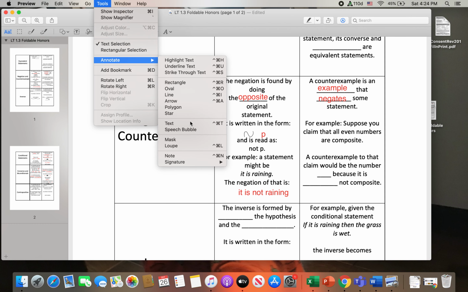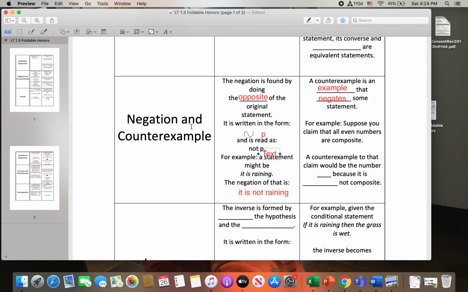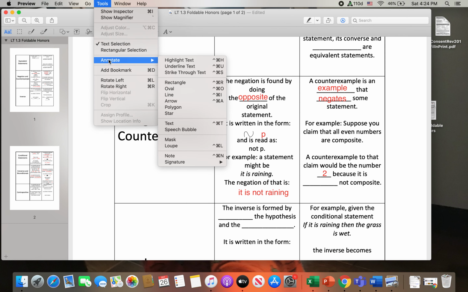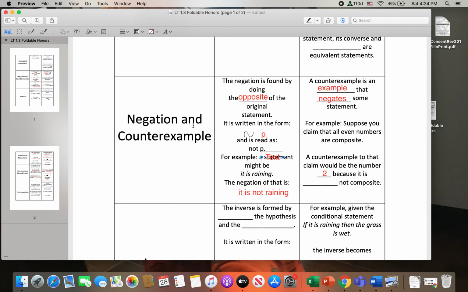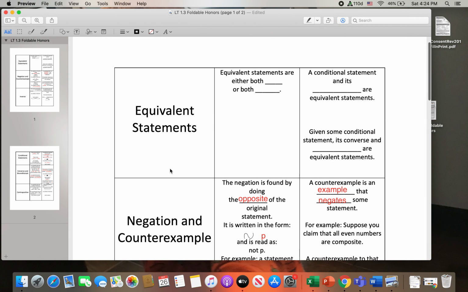The number is 2, because 2 is prime. It's composed of just 2 and 1, not a composite number which has more. Prime numbers are only divisible by themselves and 1, right? Okay, so that's what negation means.